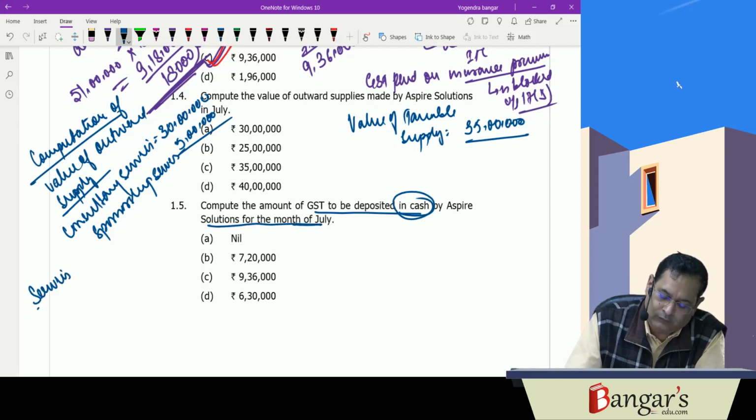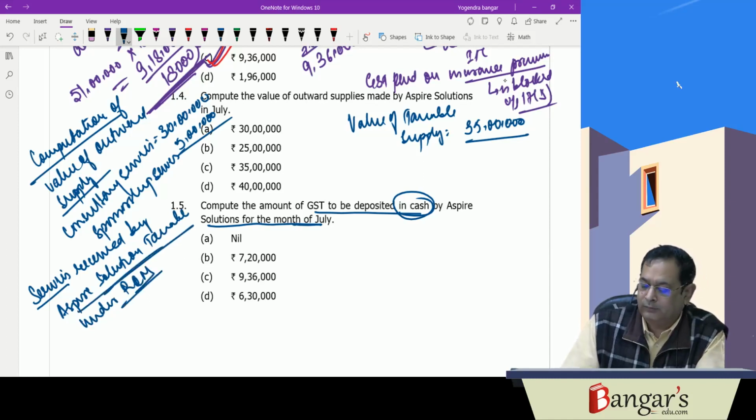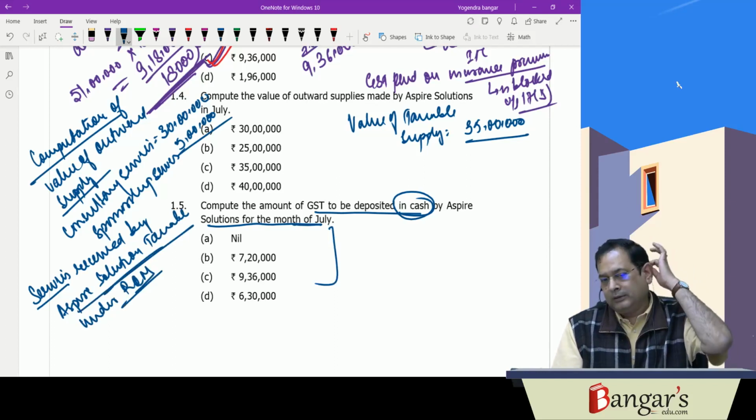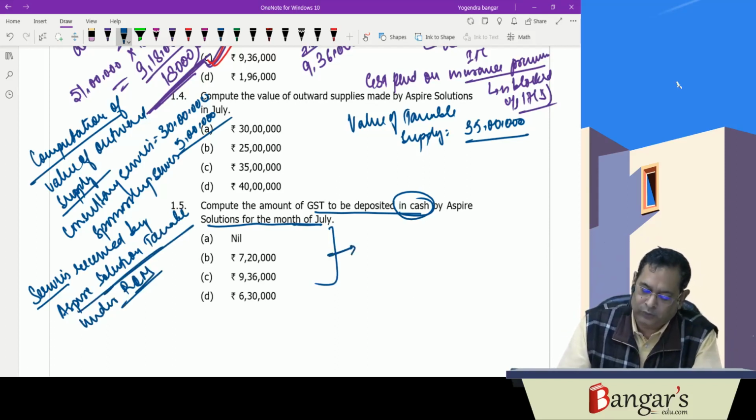Services received by Aspire Solutions, taxable under RCM. Taxable under reverse charge mechanism.